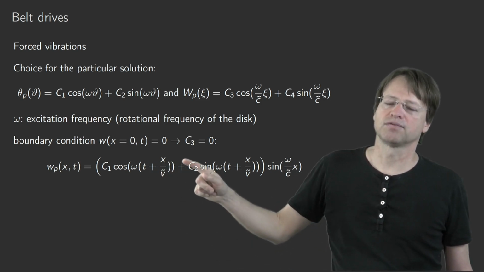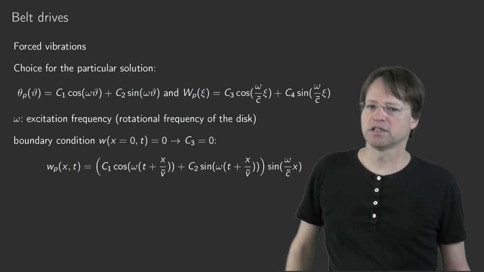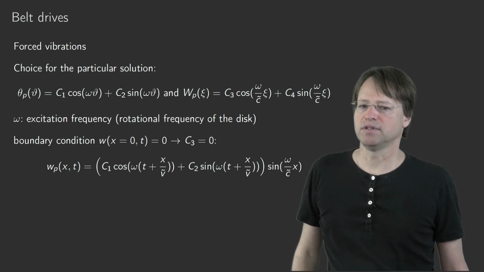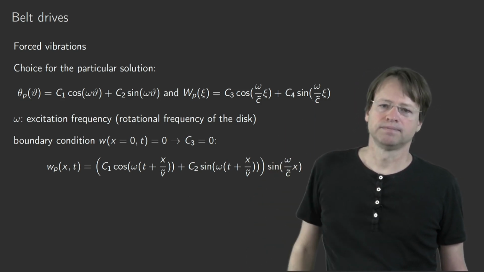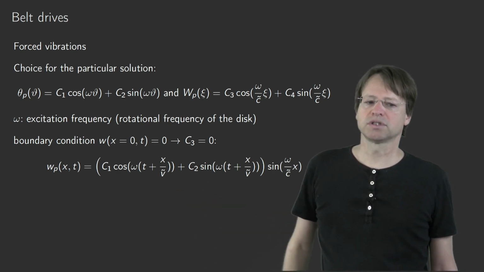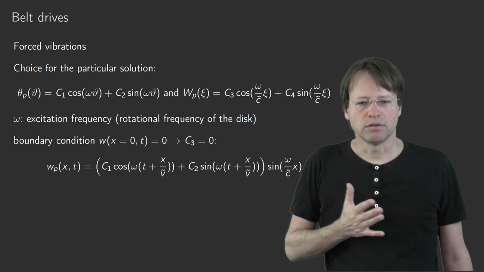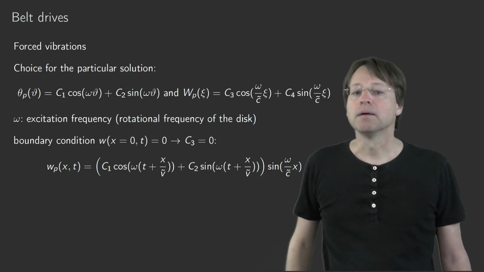You see, I transformed back to time and space by replacing theta by t plus x divided by v tilde. Same for psi. And now we have these two constants, and one would say, but we just have one boundary condition, right? How can we determine two constants?